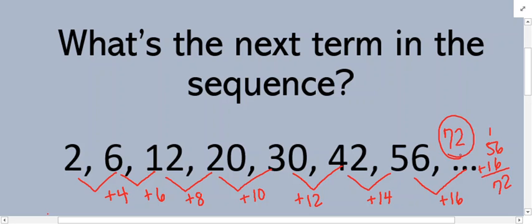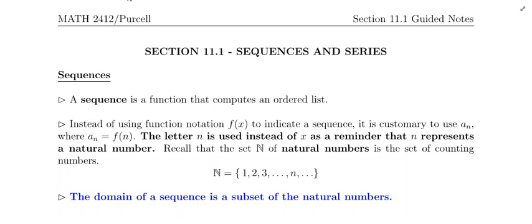Okay, so why am I asking you this? Well, in chapter 11, we are going to study sequences as well as something called series. So moving into section 11.1, which is titled Sequences and Series, we are going to learn the basics of sequences and series from a mathematical perspective.